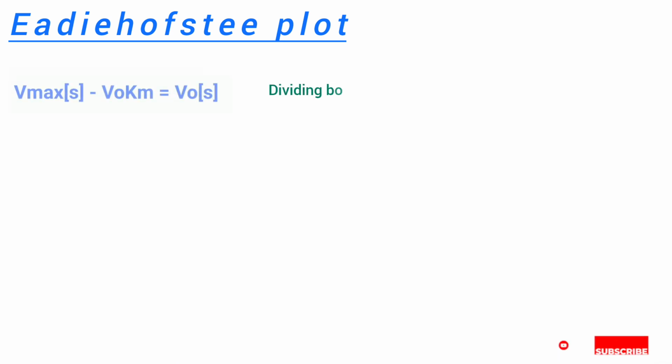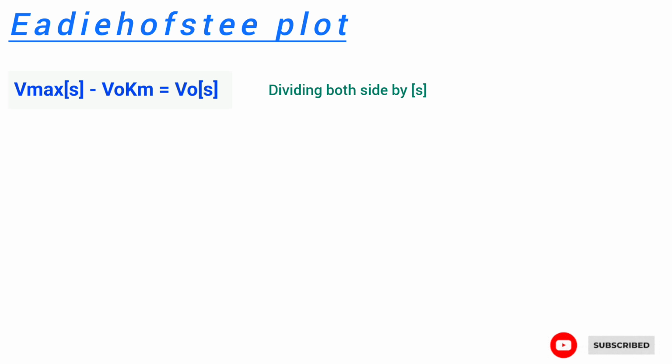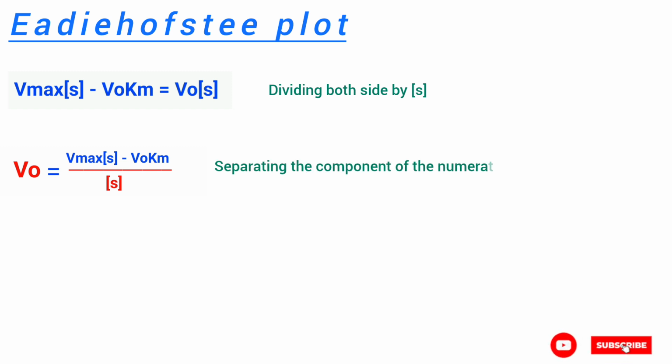Now, dividing both sides by substrate concentration, we have V0 is equal to Vmax times substrate concentration minus V0 times Km over substrate concentration. Now, splitting the components of the numerator on the left hand side of the equation, we have V0 is equal to Vmax times substrate concentration over substrate concentration minus V0 times Km over substrate concentration.